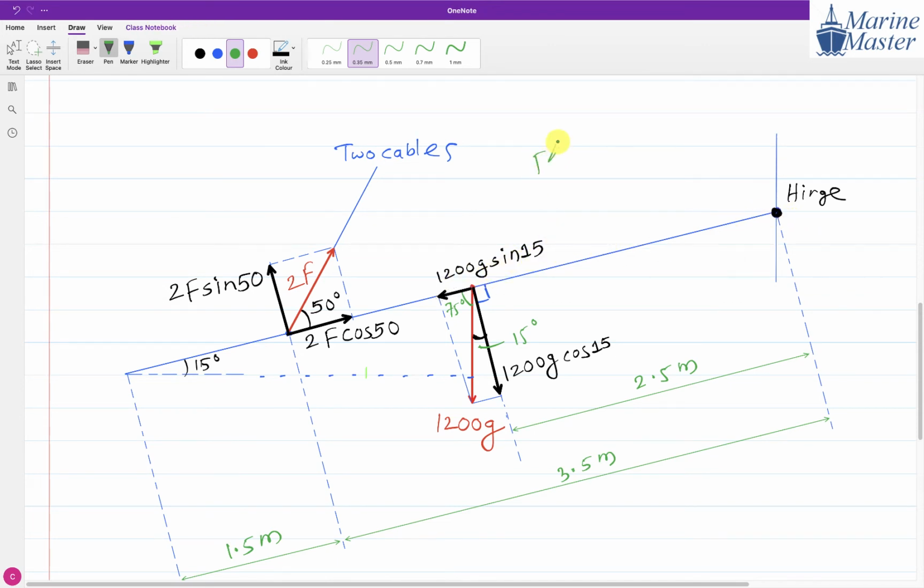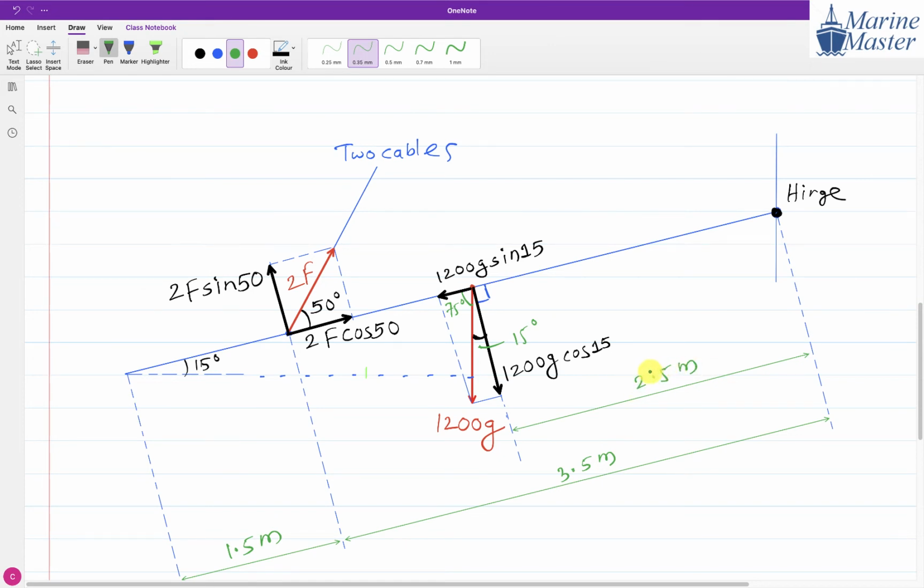And moment means force into perpendicular distance, so zero. And what about this 1200 G cos 15? The perpendicular distance is 2.5 meters. You are getting my point?